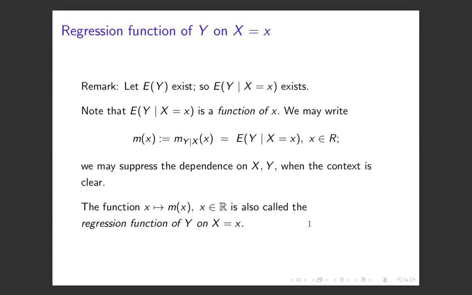I'm sure all of you would have had a course in statistics and you would have seen it. Also you would have seen something called linear regression and things like that, if this function happens to be linear in x. So the conditional expectation and the regression function are the same. These things have evolved in different contexts, so they retain that name.